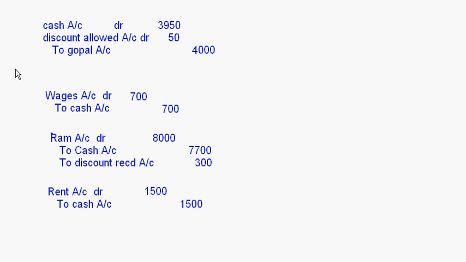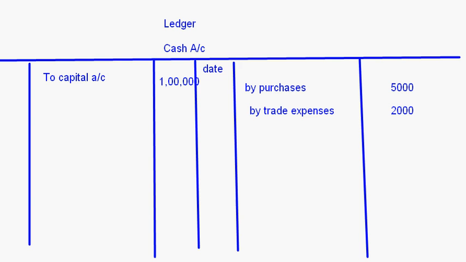The next entry is here, cash account debit, discount allowed account debit to Gopal account. So this will be in cash account, it will be to Gopal account, 3,950 will come, right?